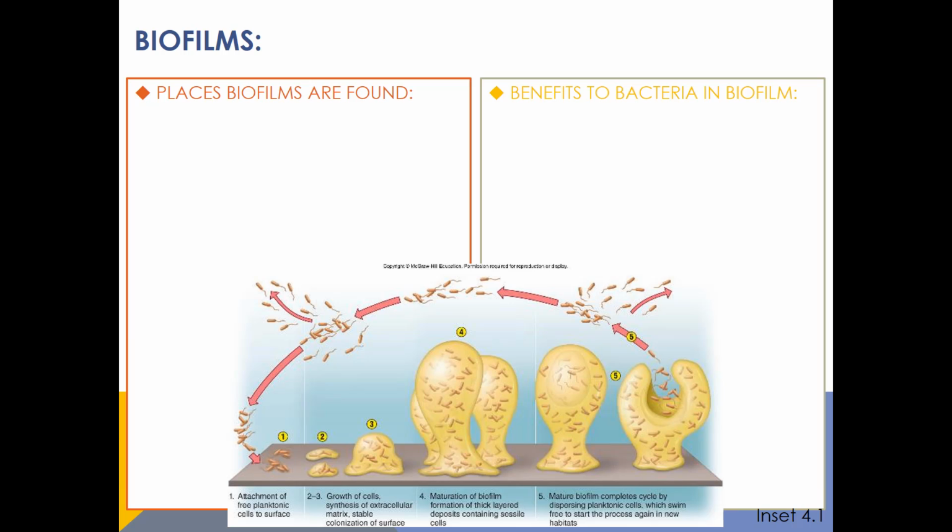It protects them from applications of disinfectants and antibiotics. It protects them from heat and starvation. And in addition to all of that, what are they doing in there? They are benefiting from one another's enzymes. Perhaps you can break down sugars that I can't, and when you break them down, I can eat the crumbs. Perhaps they are performing conjugation and swapping genes and gaining new things such as antibiotic resistance within those biofilms.